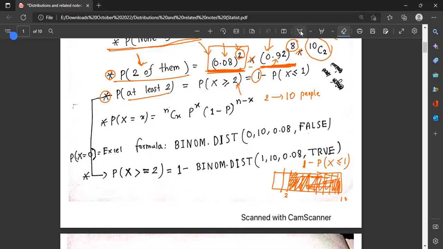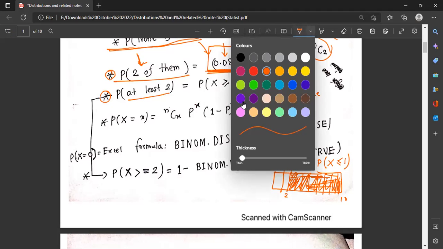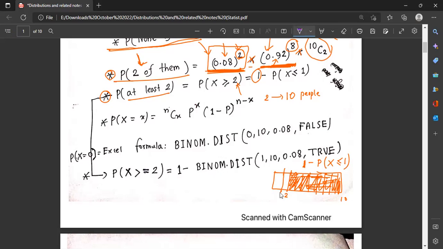So if you see here, there is 2, and let me change the color. Okay, here is 2. So it starts from this line. And then this part is the probability of being colorblind for 0 and 1. Only 0 and 1.